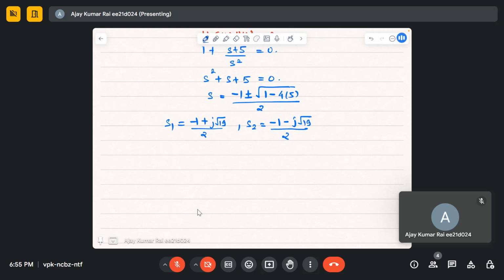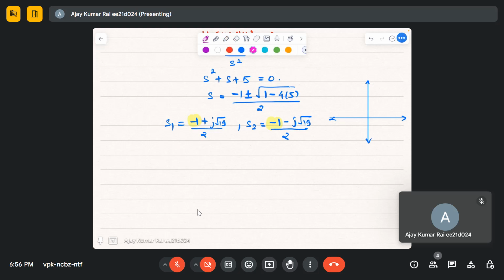So if you see where these roots are lying, the real part is always negative.